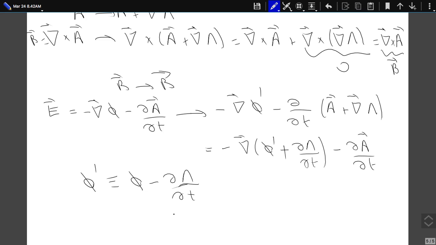Now let's see what is the point in choosing this Lorentz gauge. You see, this was our equation for phi.